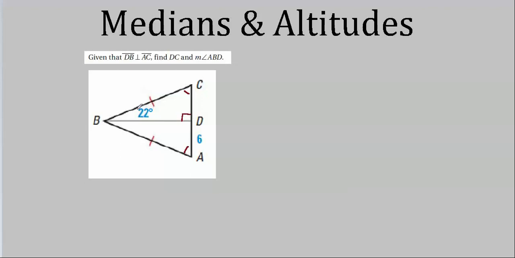Well, angle bisector means these two angles are congruent, so we can draw that one in as 22 degrees, and the measure of this total must be the two together, so that's 44 degrees. What about DC, the length of DC?